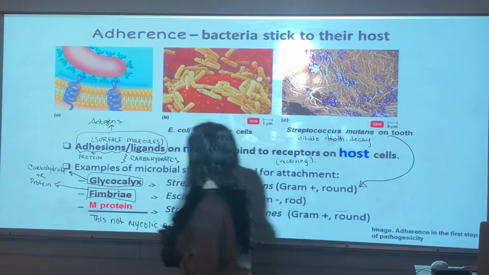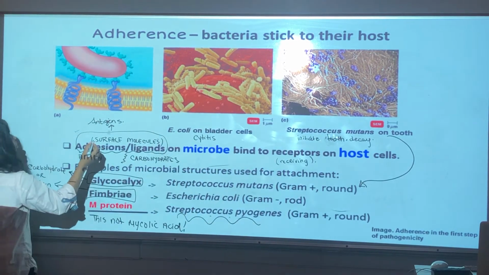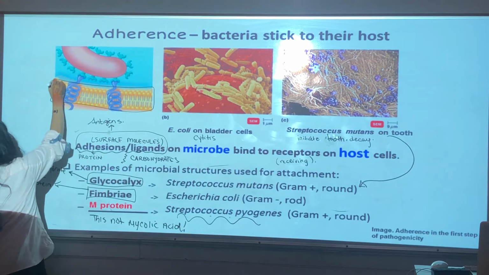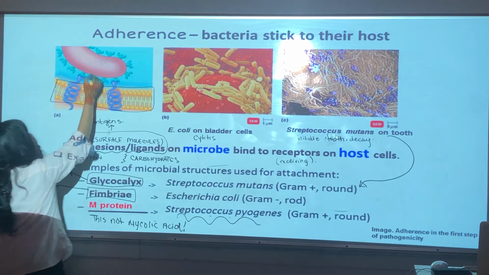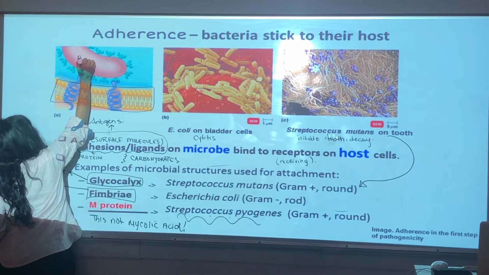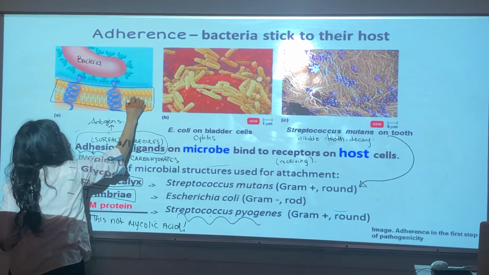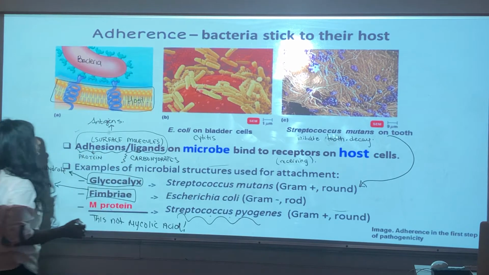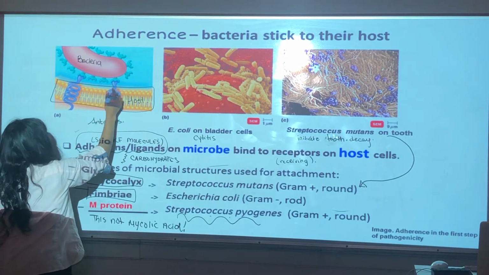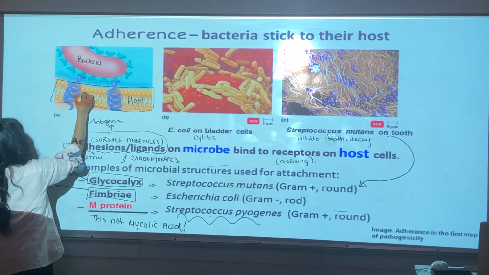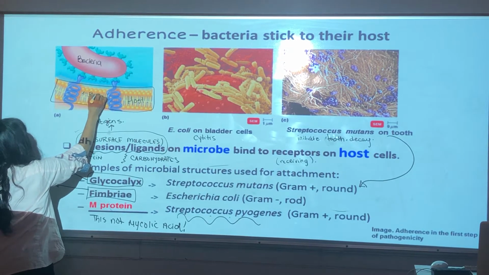Just to label this picture, we didn't label it earlier. This image is showing the phospholipid membrane, and this is your bacterial invader. This will be your host membrane. So they have receptors, these will be the receptors here in purple.